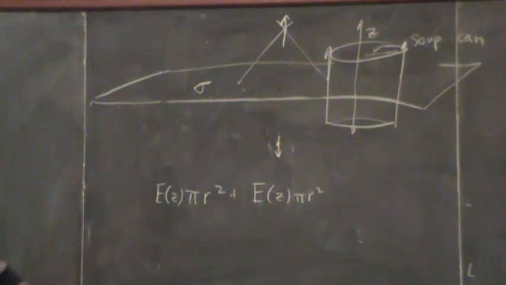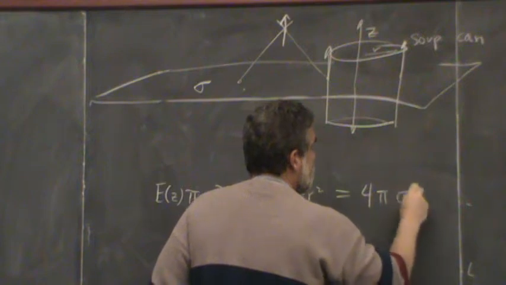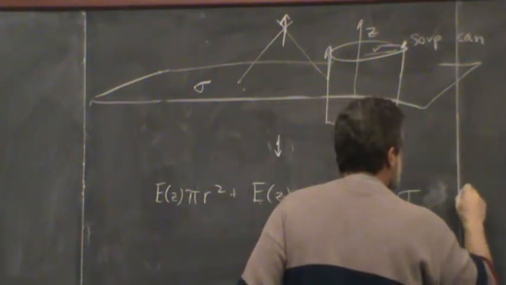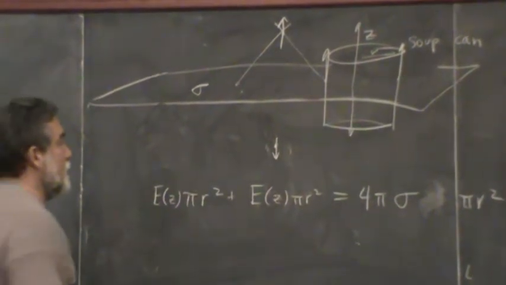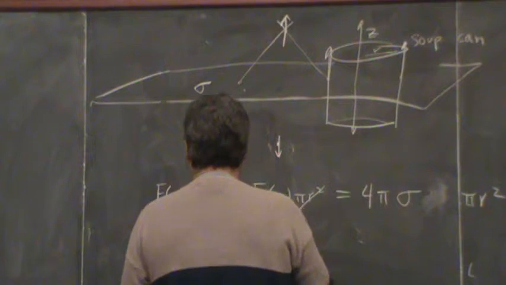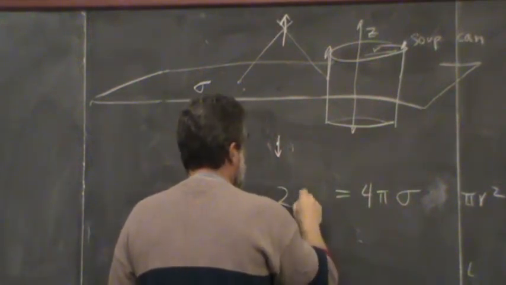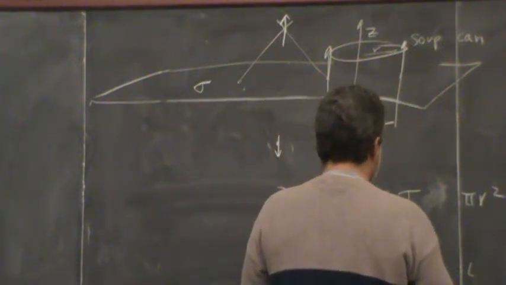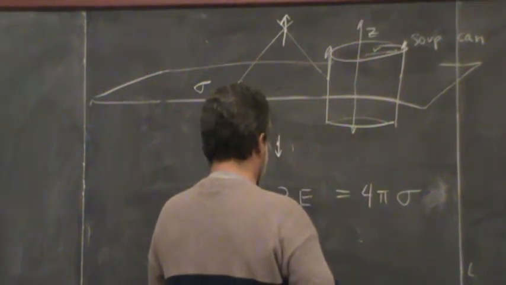through that surface, and the charge that's enclosed is the charge density times pi r squared, right? Lots of things cancel out here. 2E, pi r squared goes out.